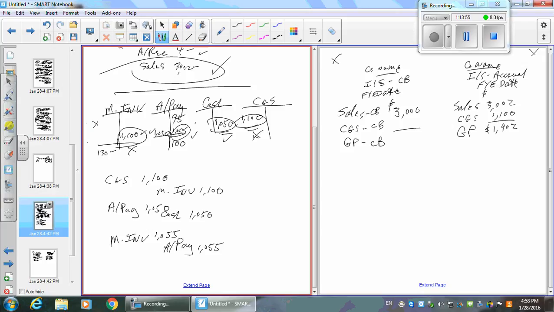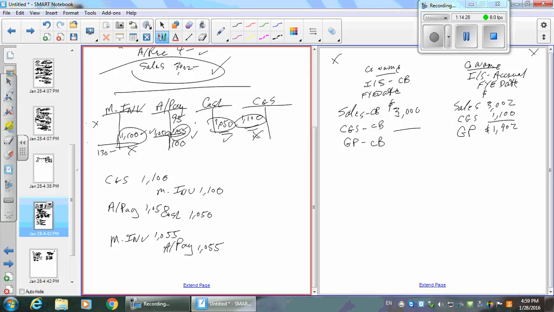Because I started at 95 for accounts payable, and I know it ended at 100. I know I took 1,050 out because that's how much got paid. So how much must I have put in? 1,055, right? 95 plus 1,055,000 less 1,050,000 is 100. It's gotta be.